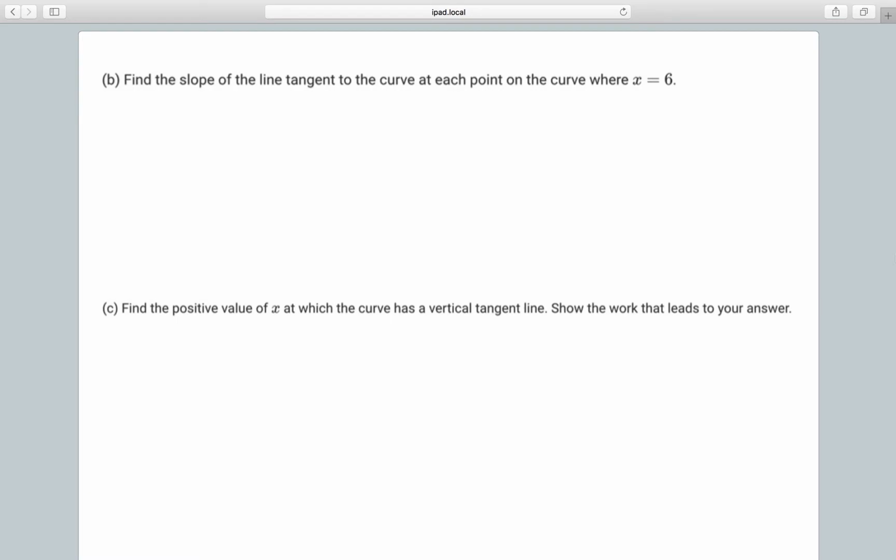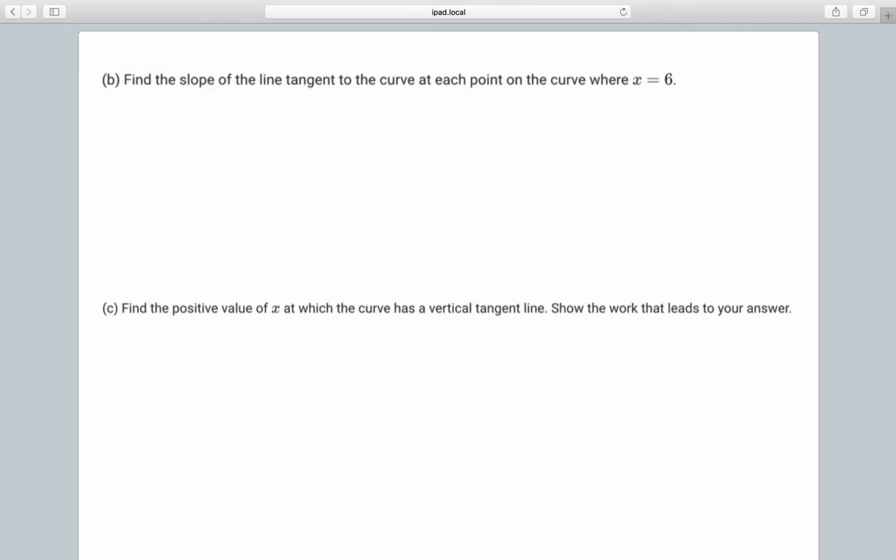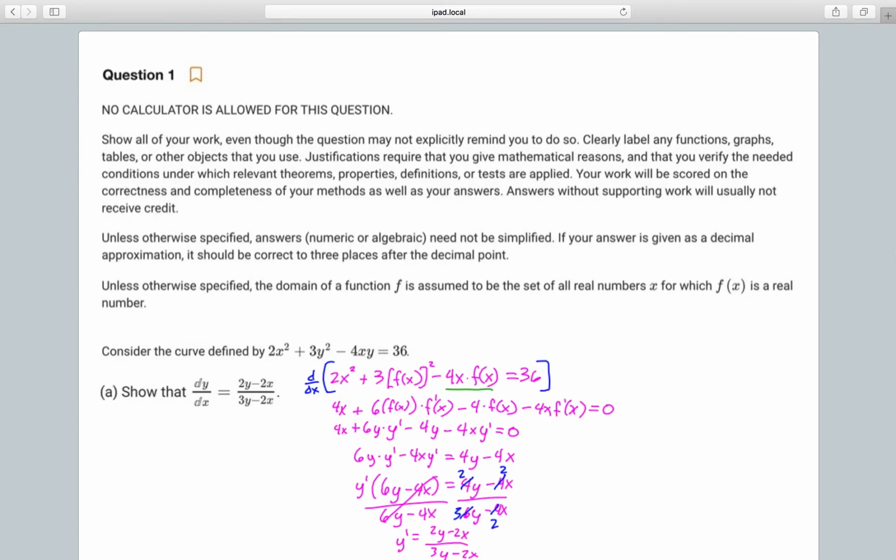Find the slope of the tangent line to the curve at each point where x equals 6. All right, so to be able to find the slope of a tangent line, we're going to want to be able to fill in x and y in this derivative, right? That's what a derivative is. It's a slope. So I know that I want x to be 6.